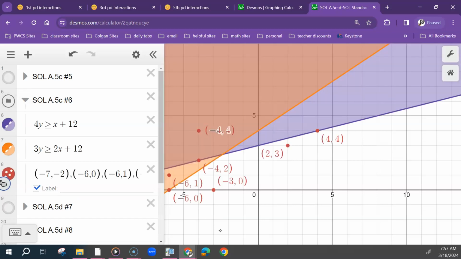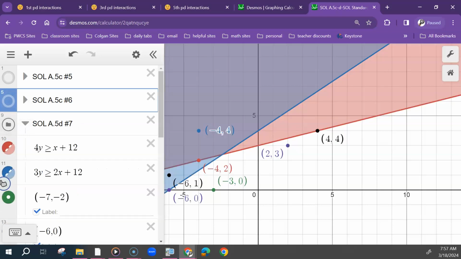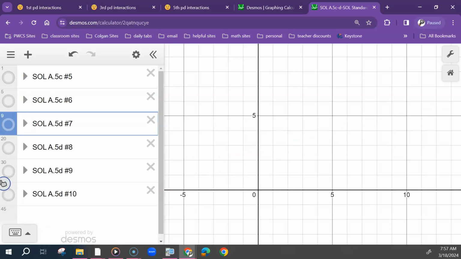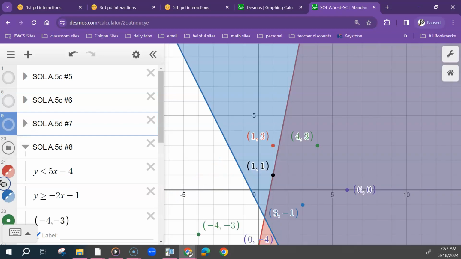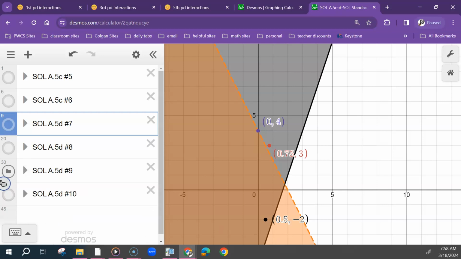Even if it has multiple, you can look and see which ones are in the overlapping shaded area. Remember, if they fall on a solid line in that area, double check it, but it should also work. I think the other ones were the same. They just have different ones.